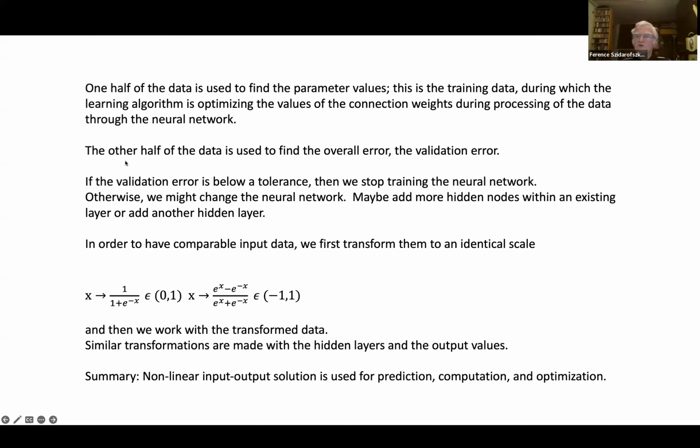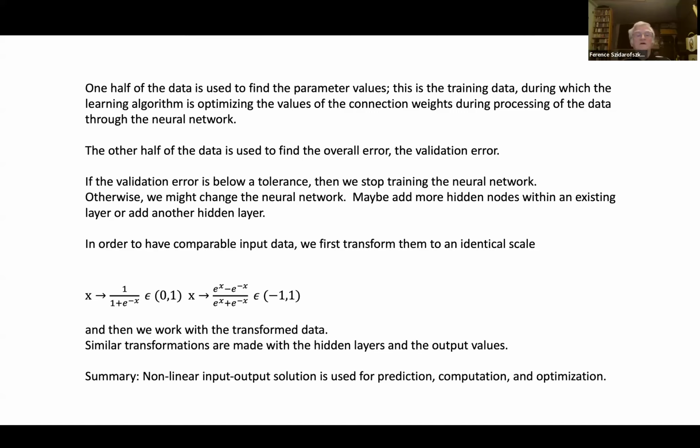So therefore, before getting into the procedure, we transform all the input data and also the hidden layer values into the same interval between 0 and 1, and sometimes between -1 and 1. It is very clear that if x is any positive or negative number, this will be clearly between 0 and 1. You get close to 1 if x goes to infinity, because e to the negative infinity is 0.